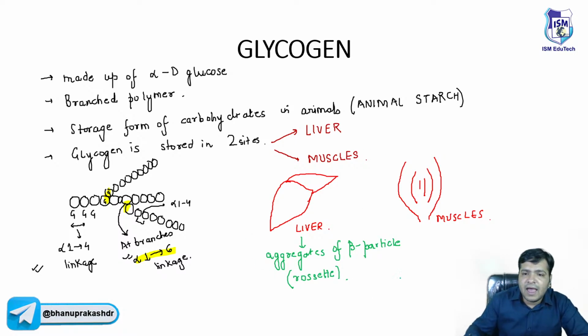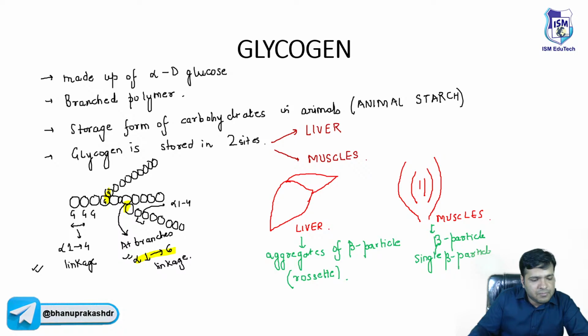And in muscles, remember it is a single beta particle. Remember one thing, a single beta particle has 60,000 glucose units.